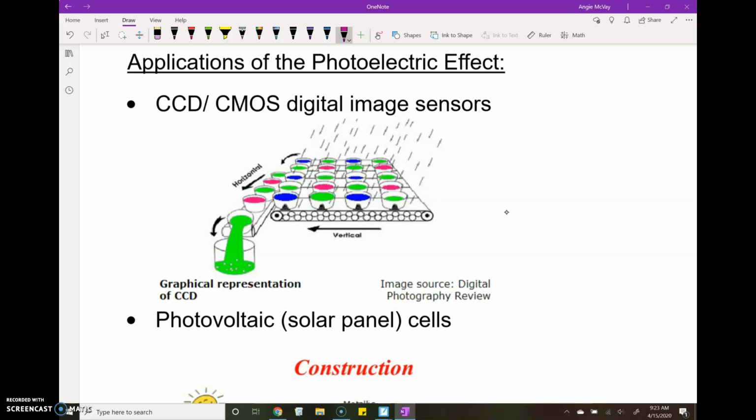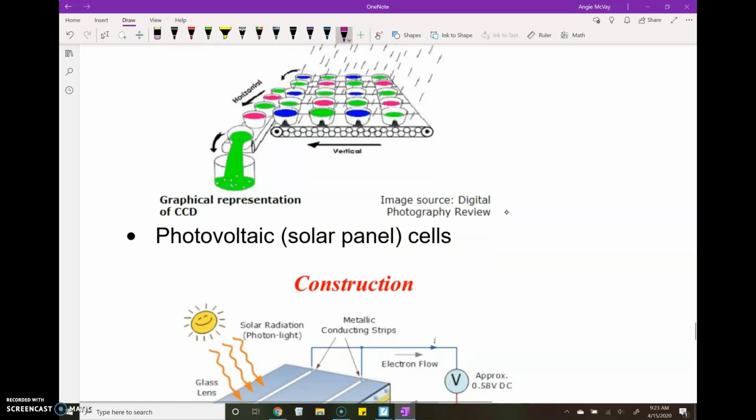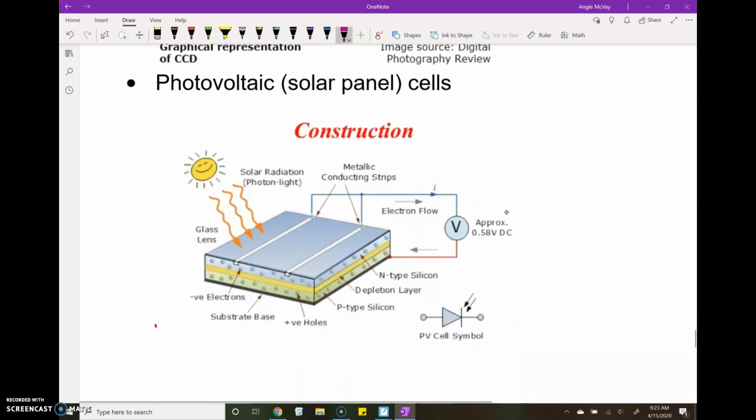CCDs and CMOS sensors use it to create digital images. And photovoltaic or solar panel cells use PN junction style silicon to gather light, emit electrons, and create a complete current that allows electrons to flow through your home.